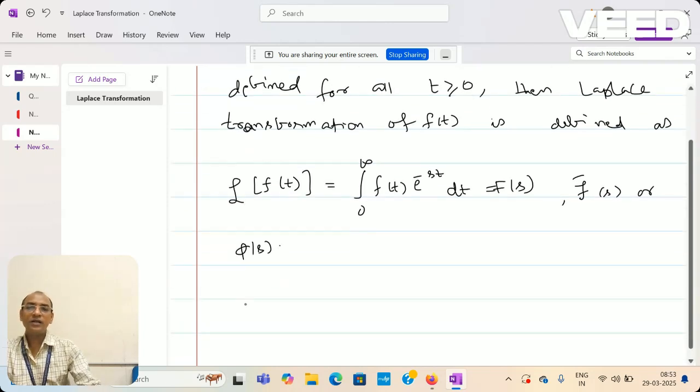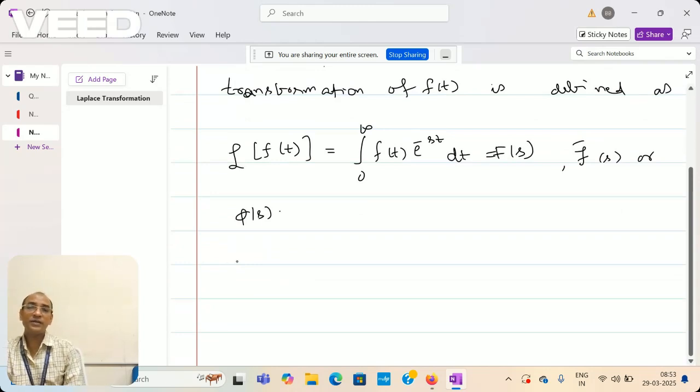Similarly, we will have the inverse Laplace transformation if we have the Laplace transformation.